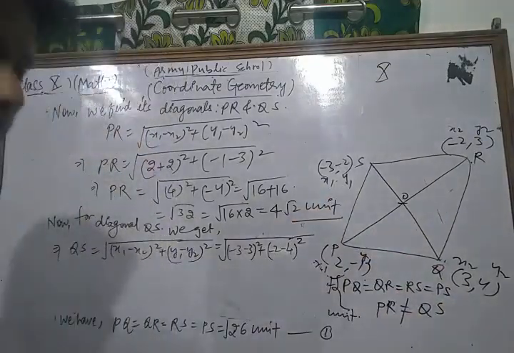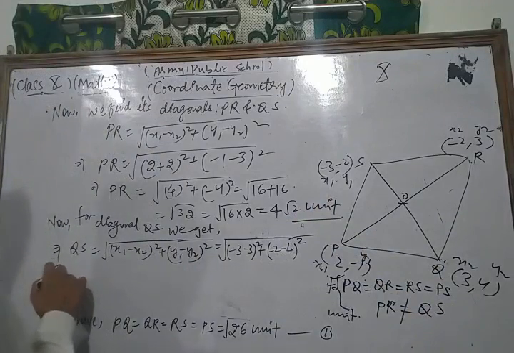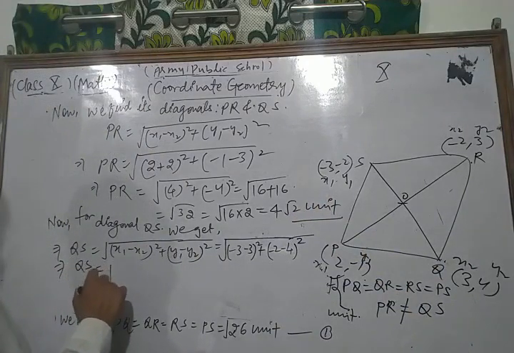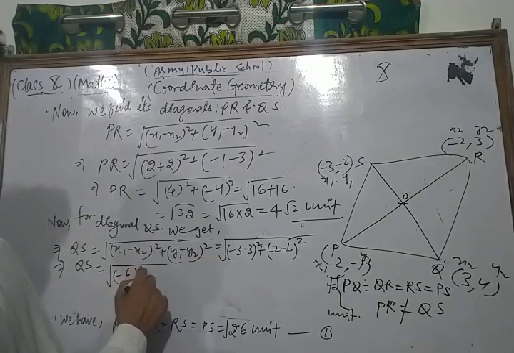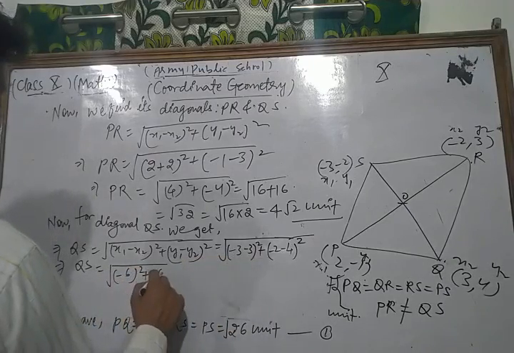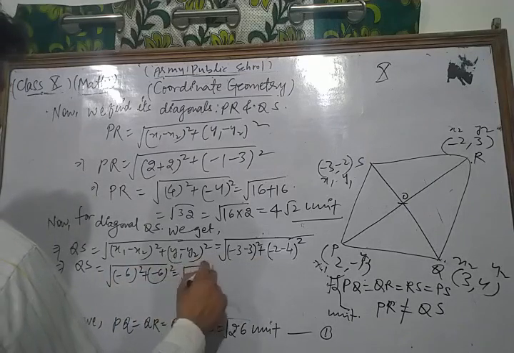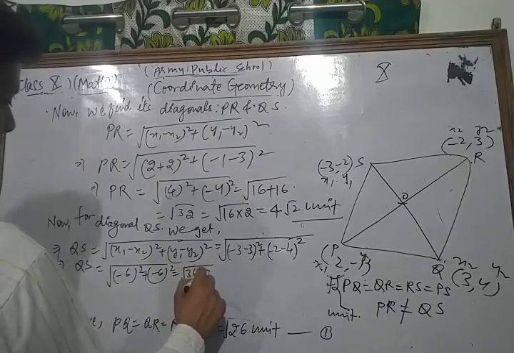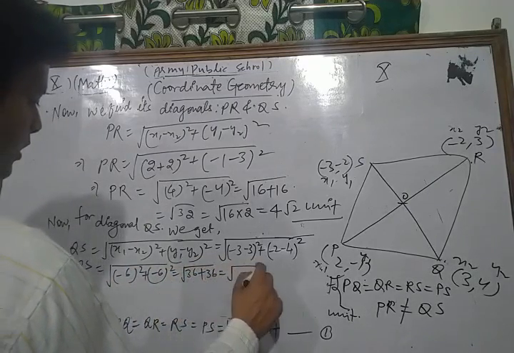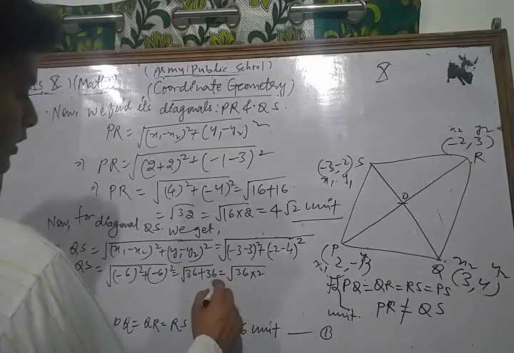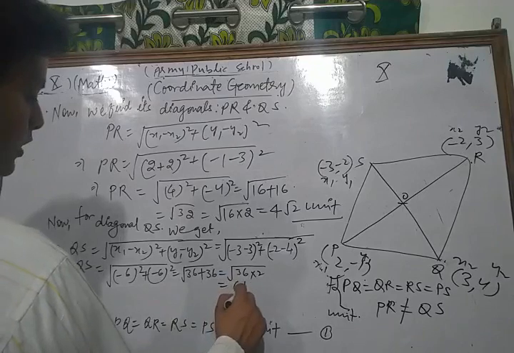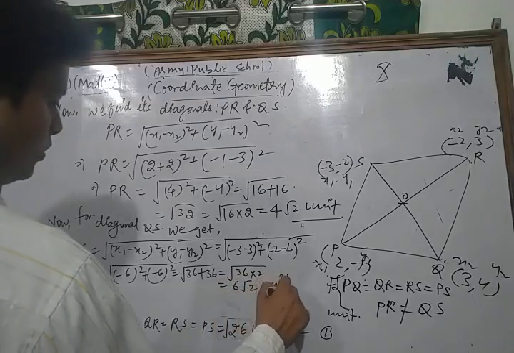Now we simplify them, that is QS is equal to under root, this is minus 3, this is minus 6 whole square plus this is minus 6 whole square, this is 6 6s are 36, 36 means 36 into 2. Okay, so from here we take 6 common, so 6 under root 2 unit.